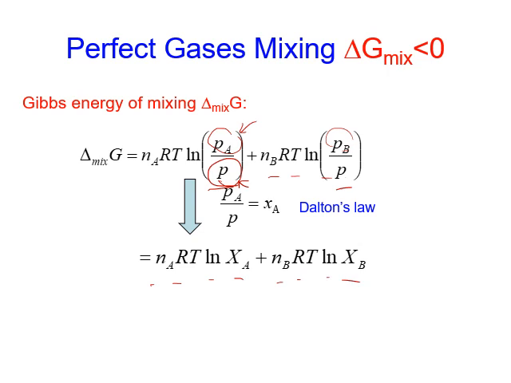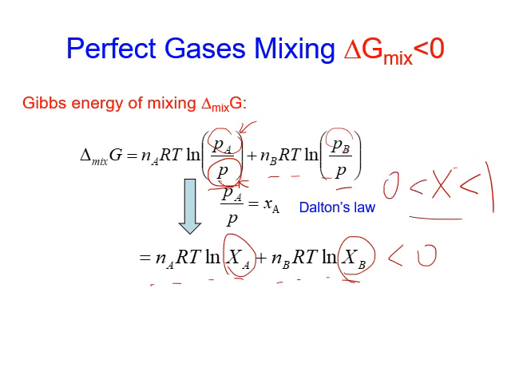So now the question is, is this less than 0? To answer this question, we notice that XA and XB are both mole fractions. Mole fraction is the number of moles divided by the total number of moles, so it is less than 1 and greater than 0.